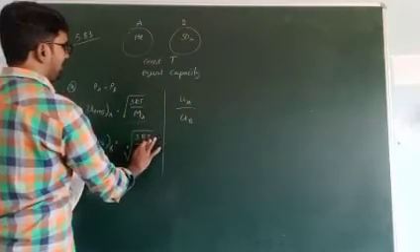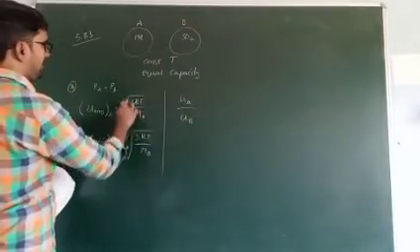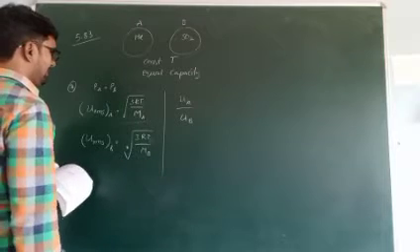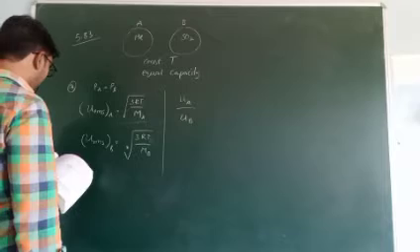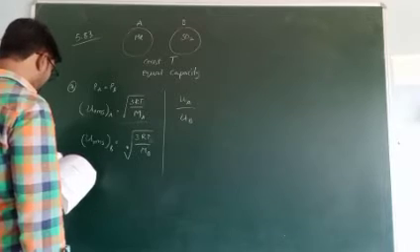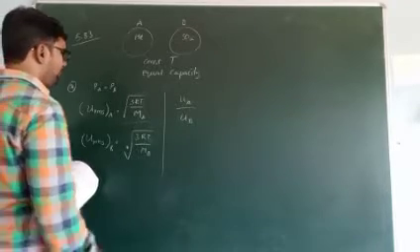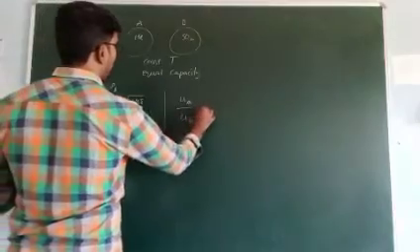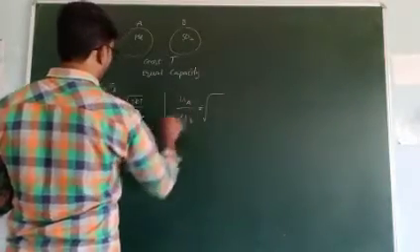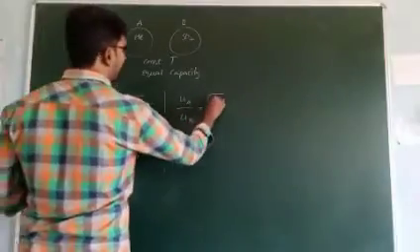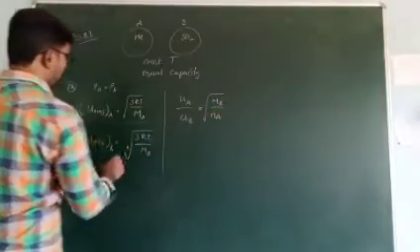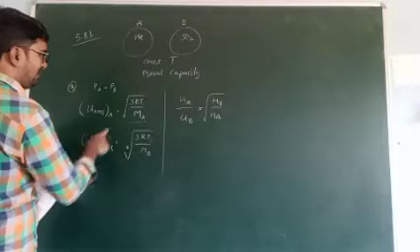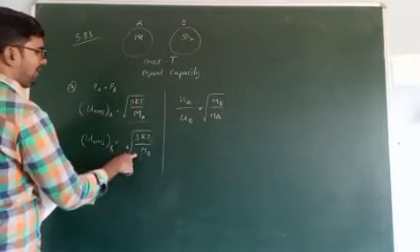So 3RT cancelled directly, no problem. Only root over MB by MA remains. The remaining parts are cancelled.